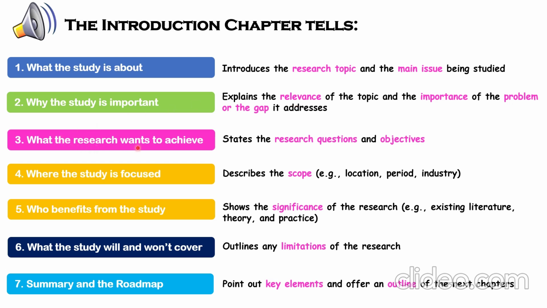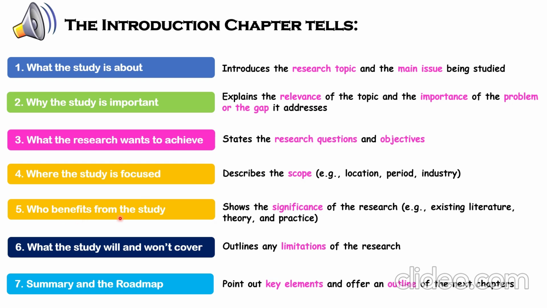Then, what the research wants to achieve: you need to indicate your research questions and objectives, followed by your research problem. Then where the study is focused. Usually it describes the scope: the industry that you are going to consider for your research, and the location and the periods.